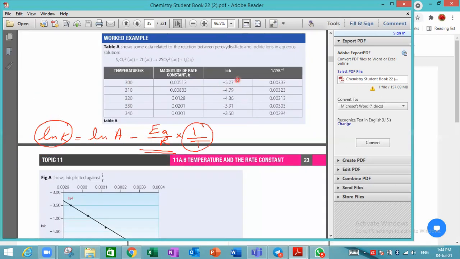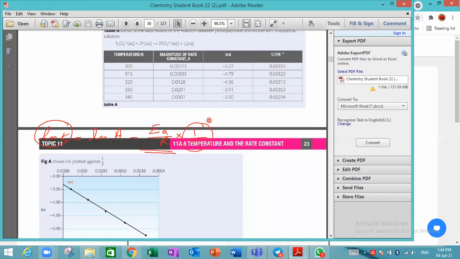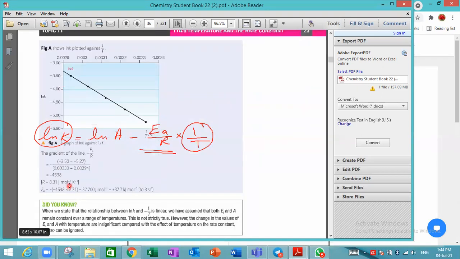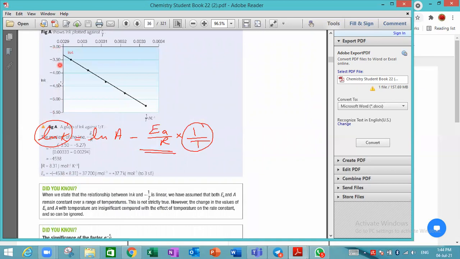These are the values of 1/T, and ln K, all of it is negative. That's why it's drawn in this way, downward. So if we take the values of ln K against 1/T, we get a straight line with a negative slope.